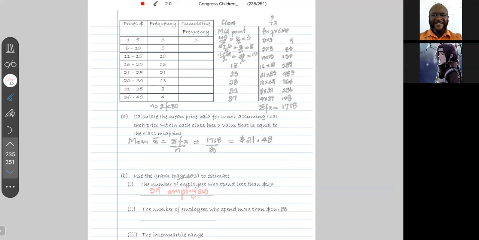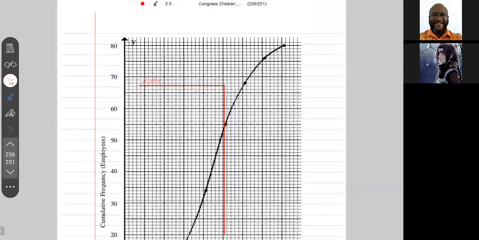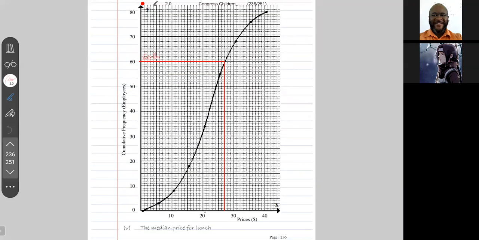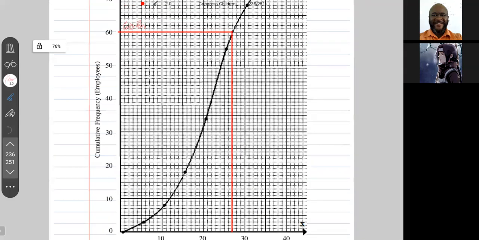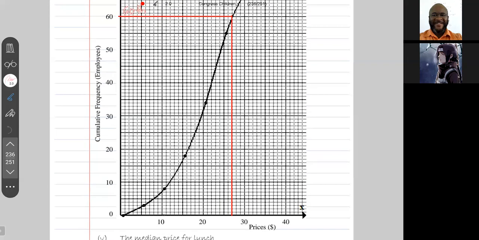We need the number of employees who spend more than $16.50. So again, let's find $16.50. This is 10, 11, 12, 13, 14, 15, 16. $16.50 would be about between here.